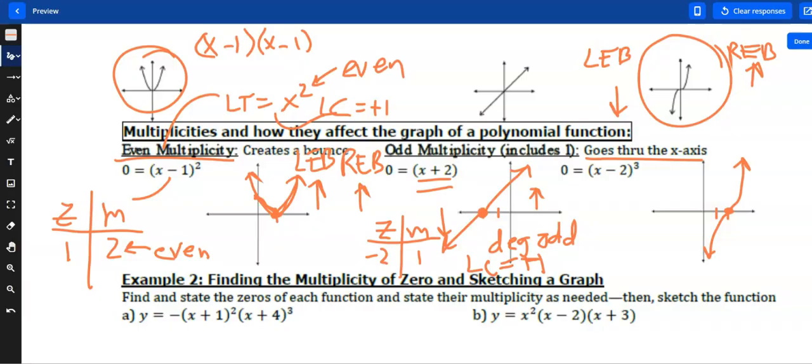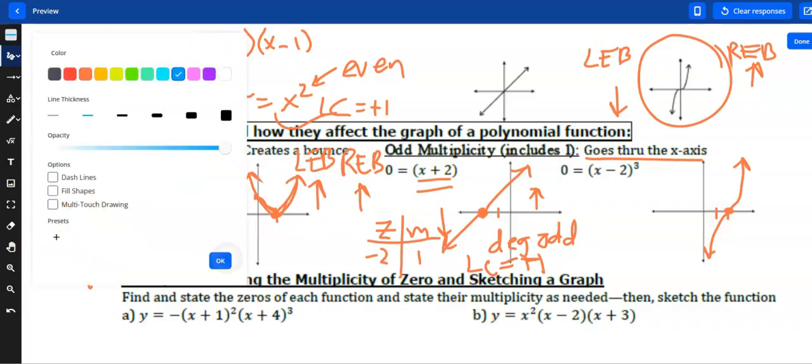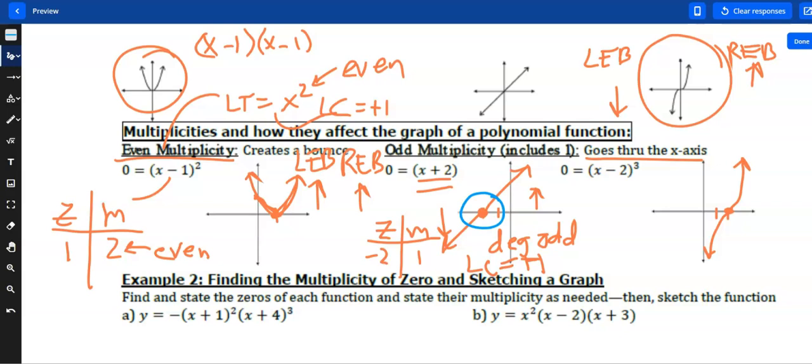Now, when we get to the third power, yes, it does look a little bit different than it does to the first power. I might say to you, oh, look, it cuts through the axis. This one also cuts through the axis, but it has a little bit of a curve to it. That is true. And the higher that exponent goes, the sharper the curve gets. But the biggest deal to me is, did you cut through the axis or did you bounce off the axis?